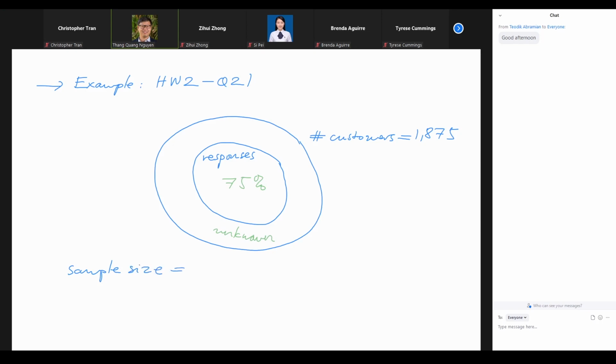So in this case, the sample size equals the number of contacts multiplied by the response rate. So it's very easy. We just take 1,875 times 0.75.